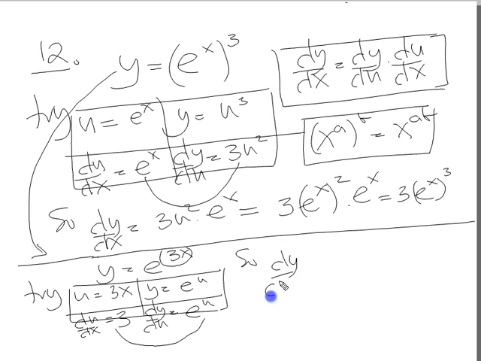So dy/dx then is equal to dy/du times du/dx. 3, this times this, I'll just put 3 times e to the u, which would equal 3 e to the u, where u was 3x. And that's the same. See it? We used that property there, that was equal to e to the 3x, so this was the same as that.